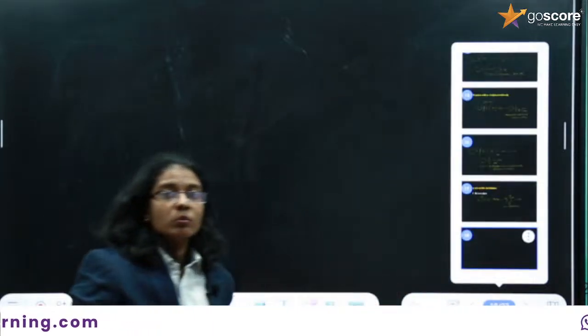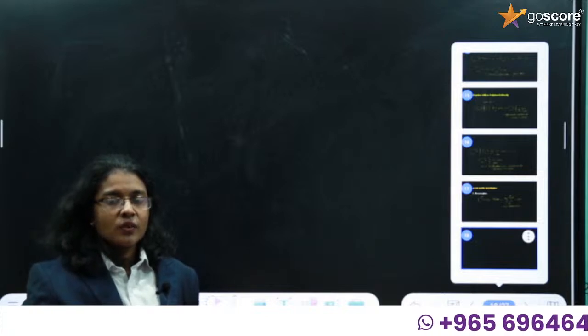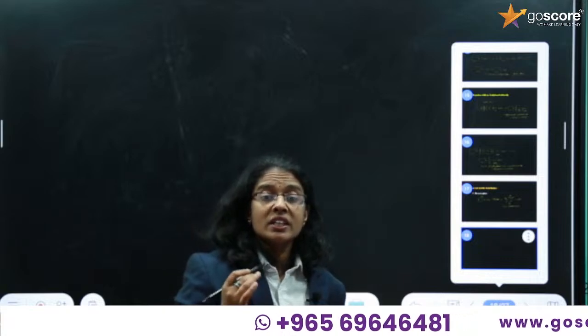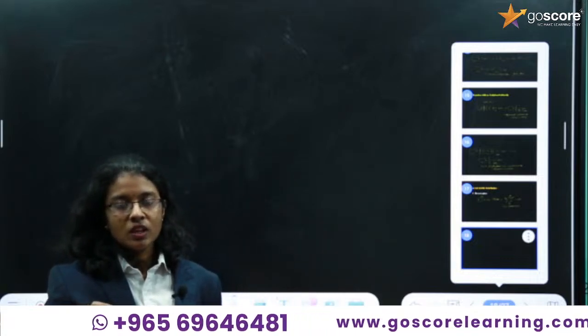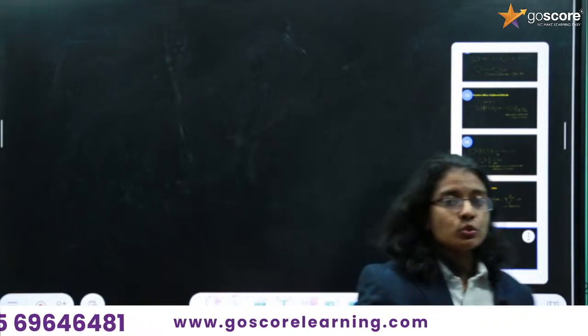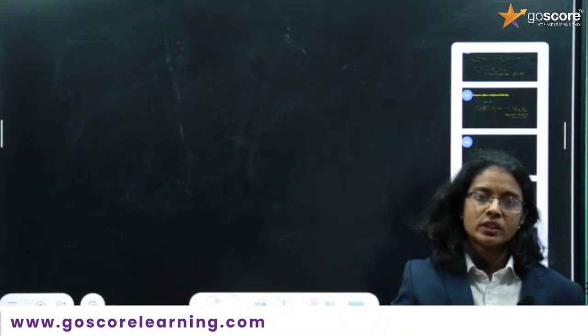But I want mono substituted aniline. How can I prepare mono substituted aniline? By reducing the activating power of the NH2 group. How can I control the activating power of the NH2 group? By adding a protecting group.